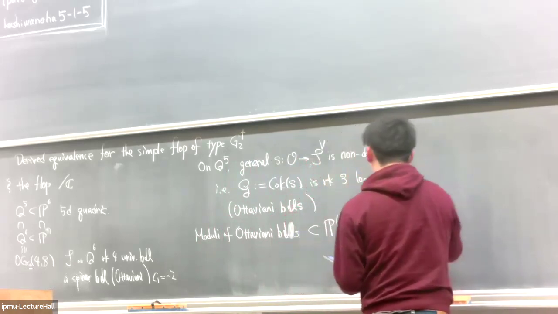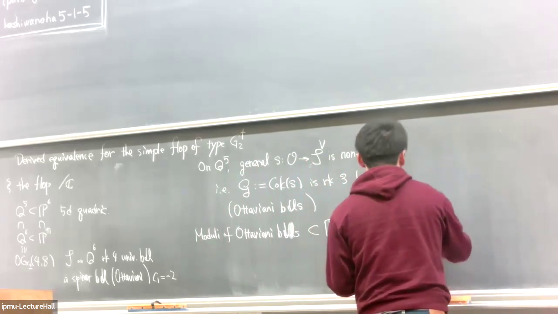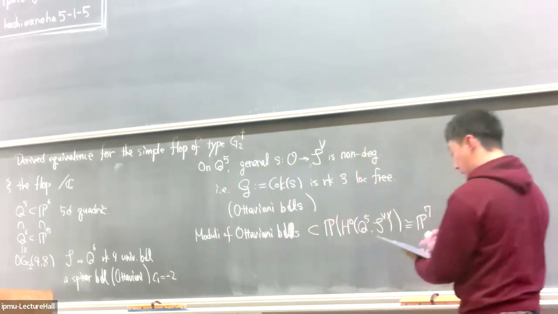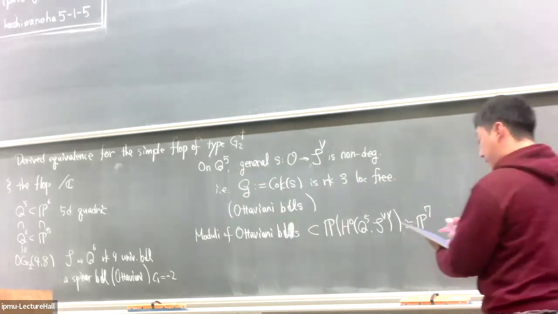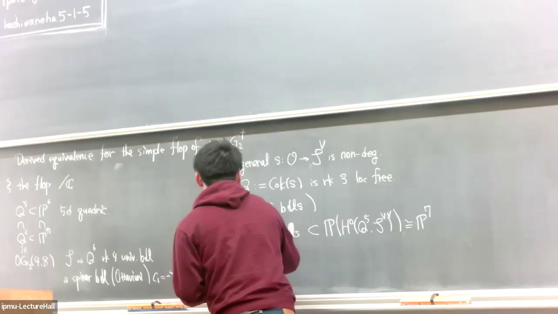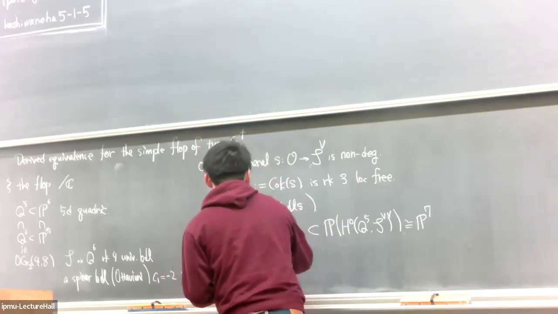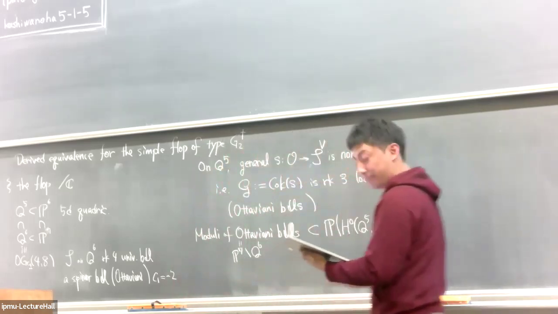So this gives the bundle, and under this embedding, this moduli space is isomorphic to the complement of the 6-dimensional quadric.